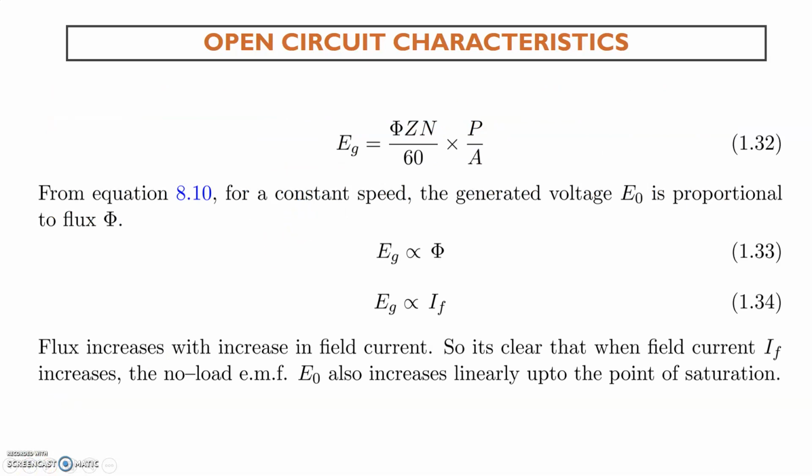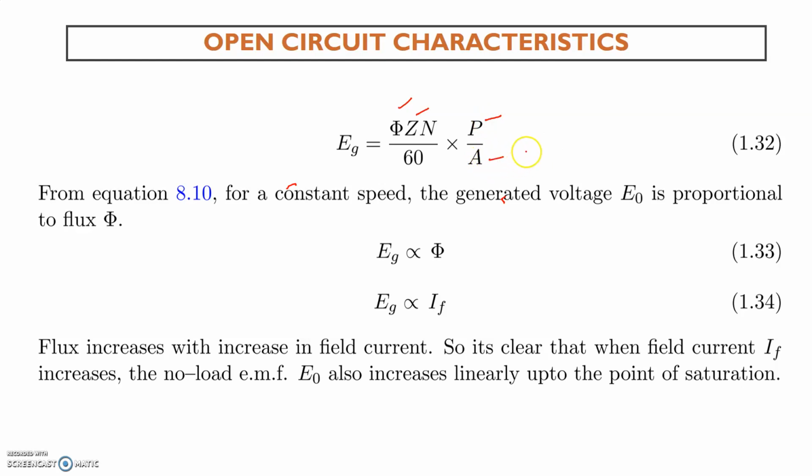So we know the equation of EMF, that is Eg is equal to phi Z N by 60 into P by A, where phi is the flux per pole, Z is the number of conductors, N is the speed in RPM, P is the number of poles, and A is the number of parallel paths. For a particular generator, phi is a constant, Z is a constant, the number of poles is a constant, and the number of parallel paths for a particular type of winding is a constant.